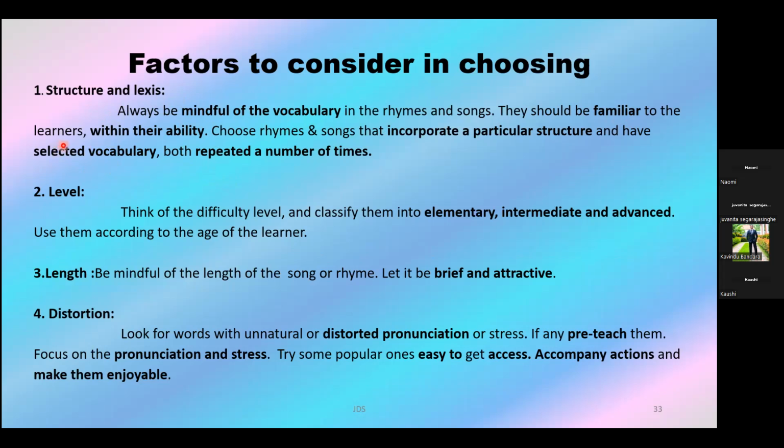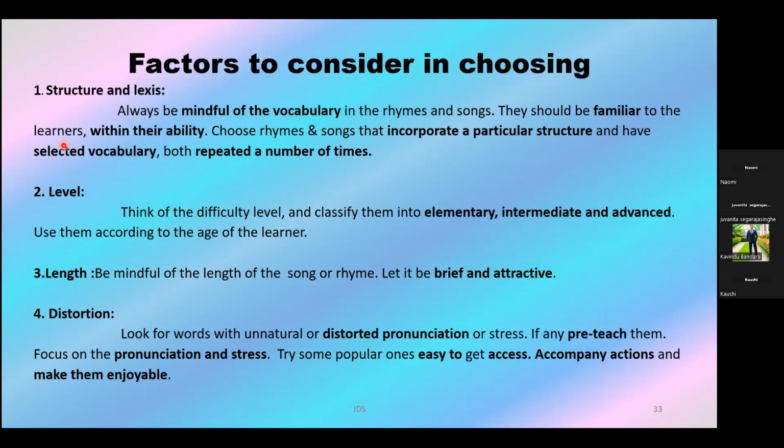So you know your learner level, the age group to which the learners belong, what kind of words they will be familiar with.